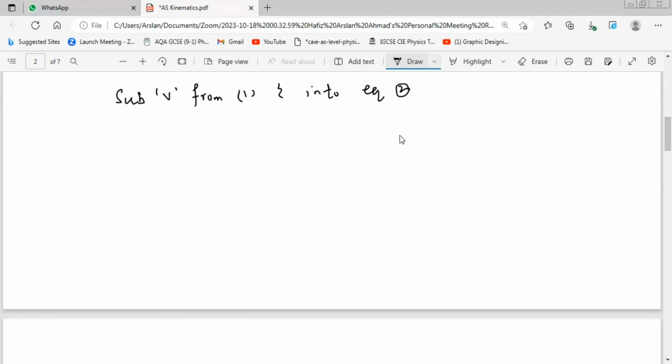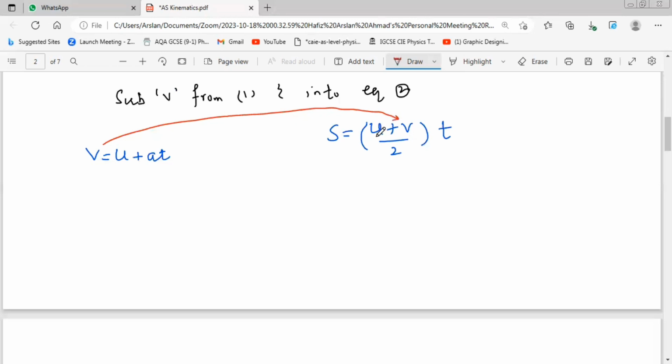We know that equation 1 is v is equal to u plus at. By substituting this v into equation 2, which is s equal to u plus v over 2 multiplied by t, we will put this v by this.